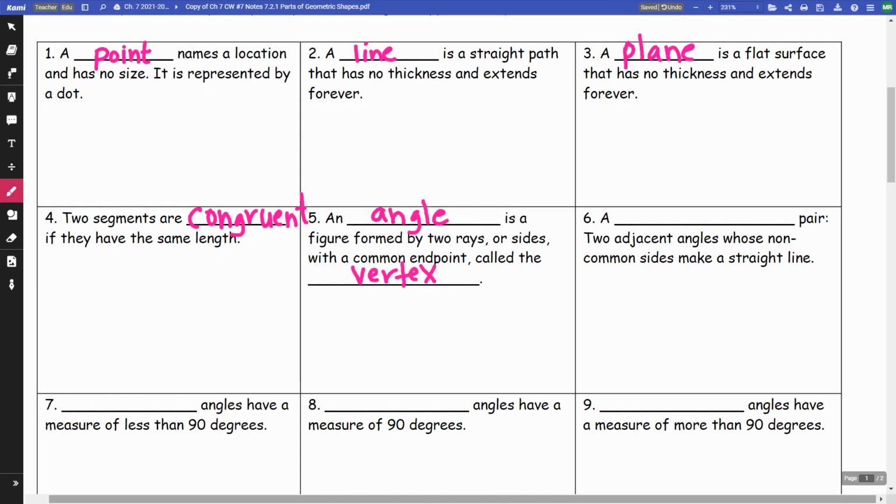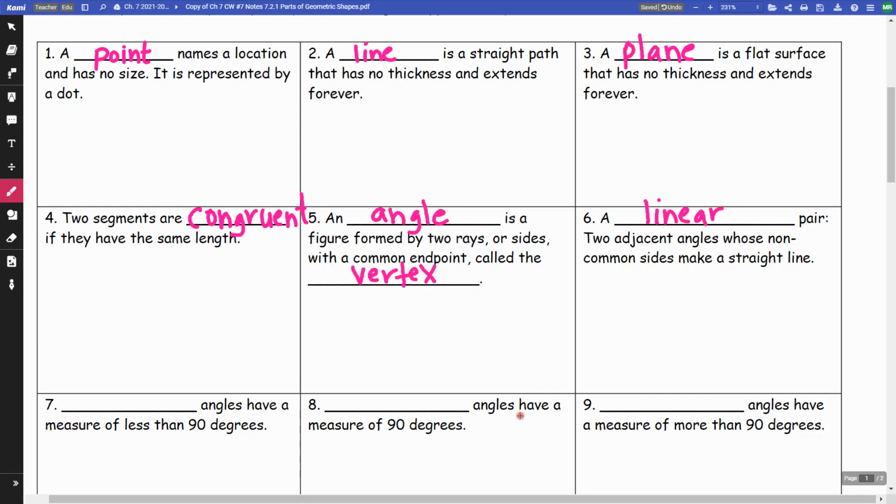On number six, a blank pair, two adjacent angles whose non-common sides make a straight line. So for this, we're talking about a linear pair. Okay, linear pair.